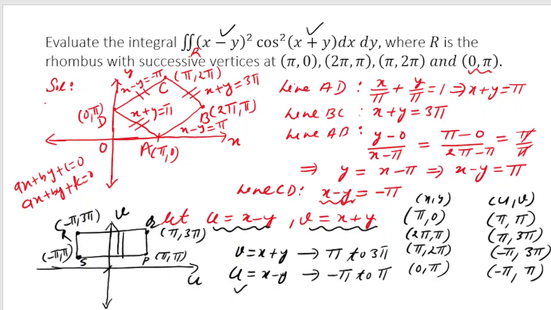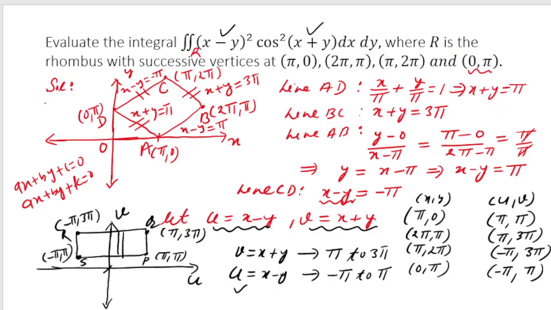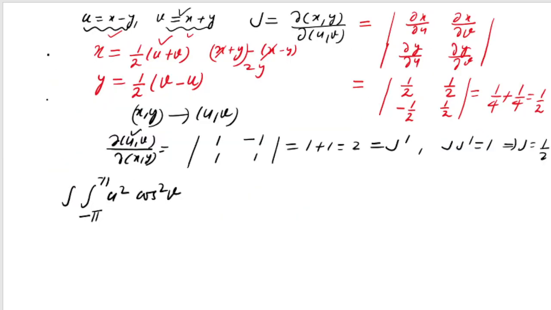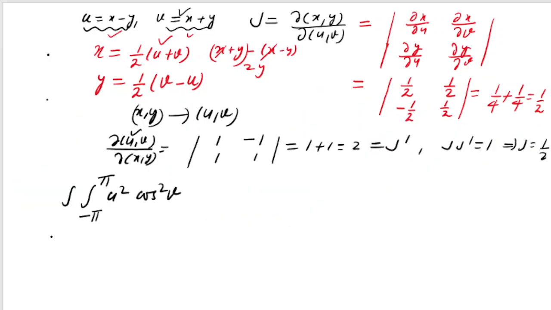So let us write the limits. First write the limit of u: minus pi to pi. And the limit of v is pi to 3 pi.